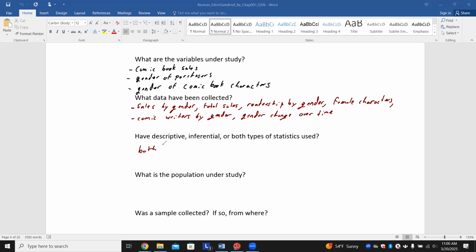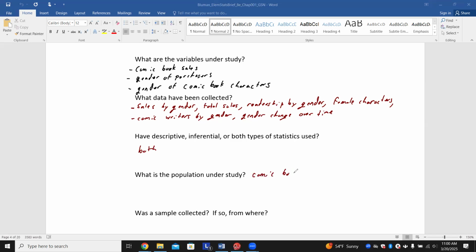The next question is, what is the population under study? A lot of people will go, well, the entire population, but that's not true. What we're specifically looking at in this study is only comic book readers. We don't know about the entire population of the world. We're just looking at people that read comic books.